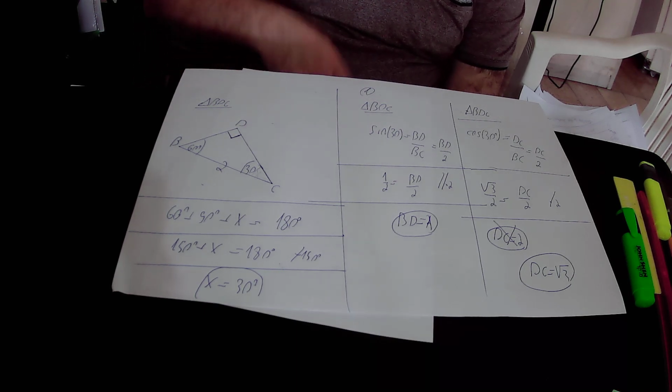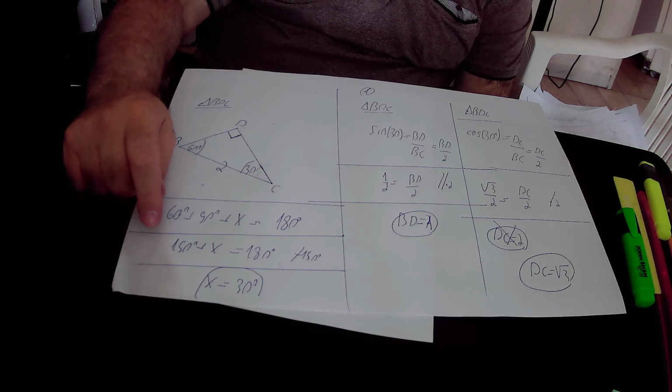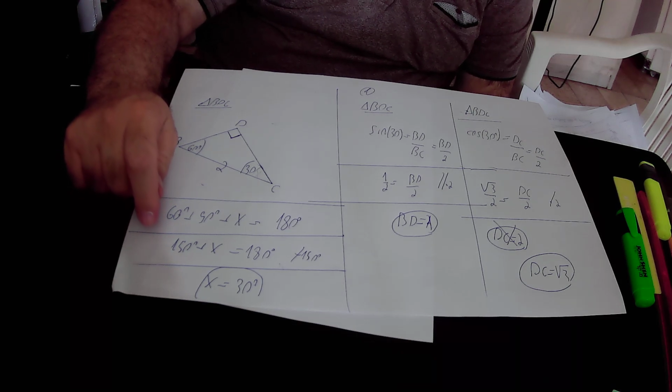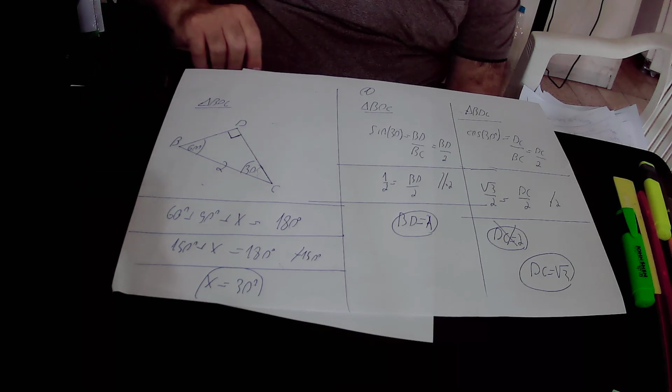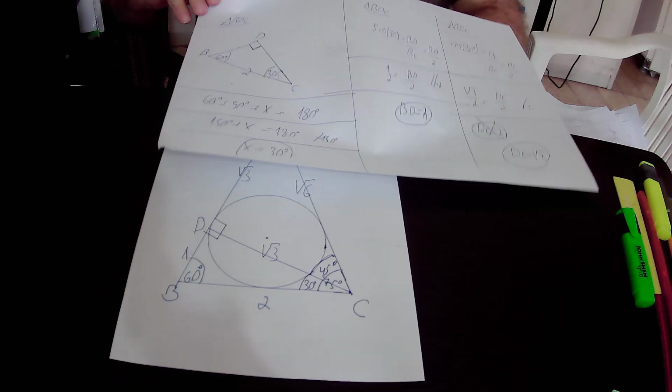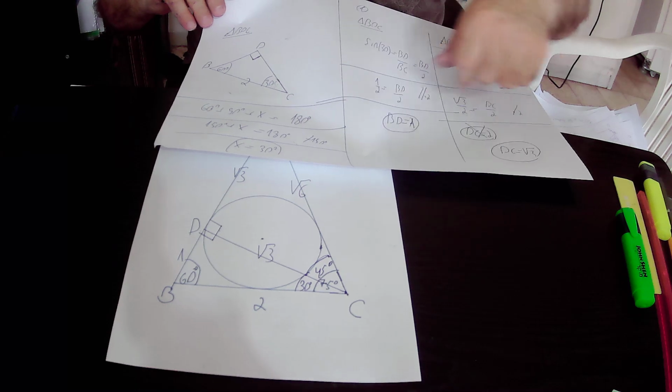We subtracted 150 degrees and found that the missing angle X equals 180 degrees minus 150 degrees, which is 30 degrees. So this angle equals 30 degrees. You can write down in the drawing that this angle equals 30 degrees.